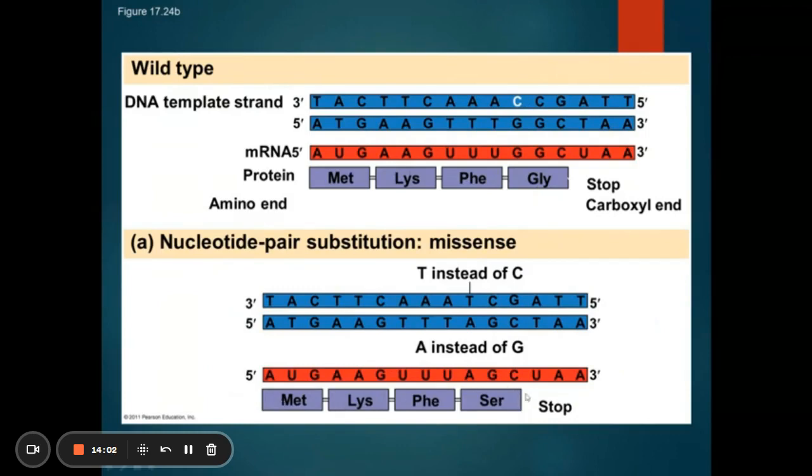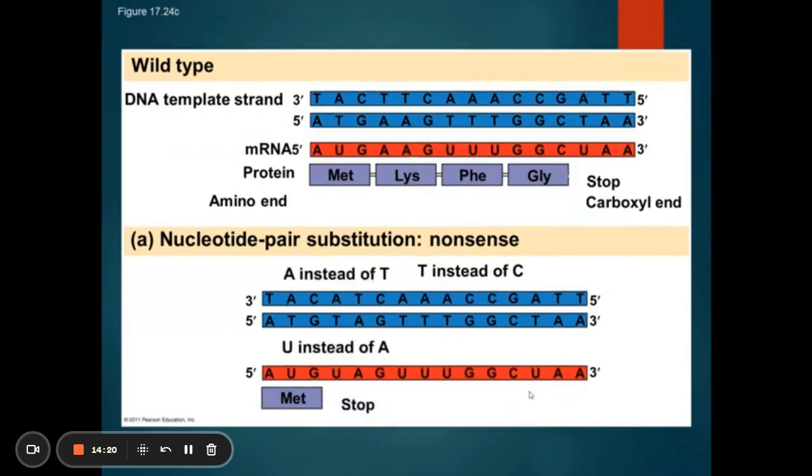We're getting a different amino acid. It may fold the same, it may not. We don't know how it will function yet because it depends on what amino acid it changes to. This is what happened with sickle cell. It was a missense mutation that did cause it to fold a little funny.